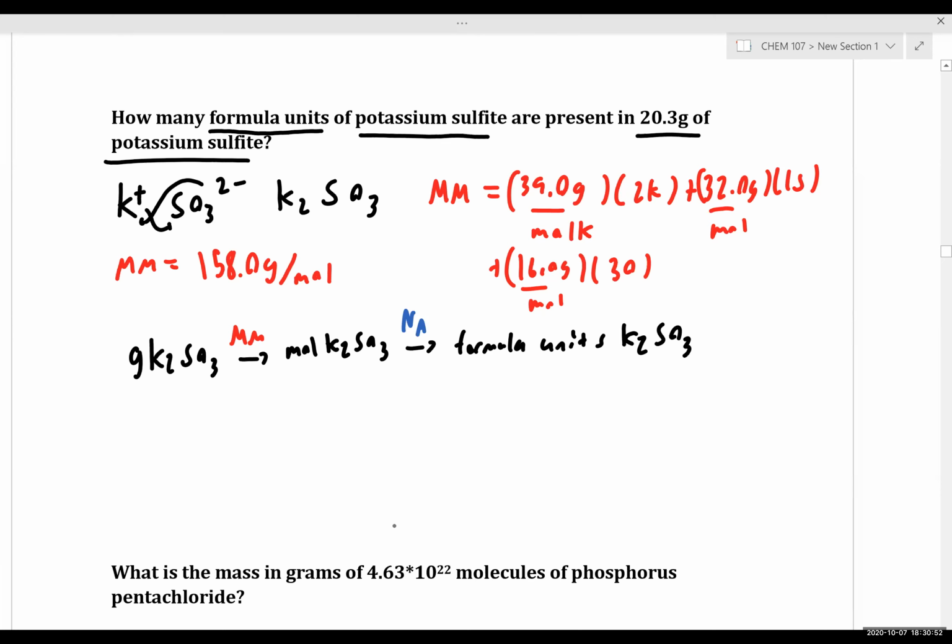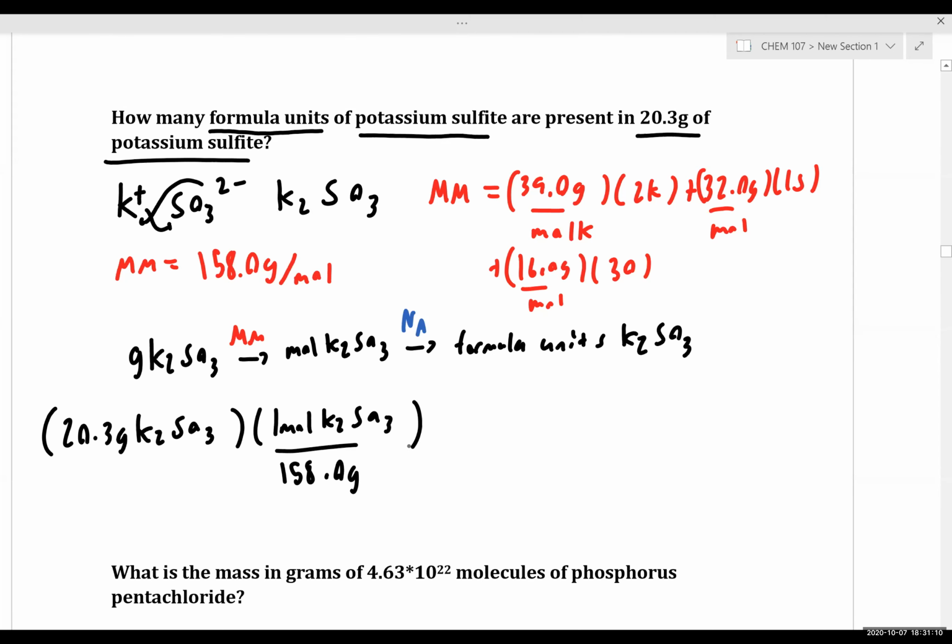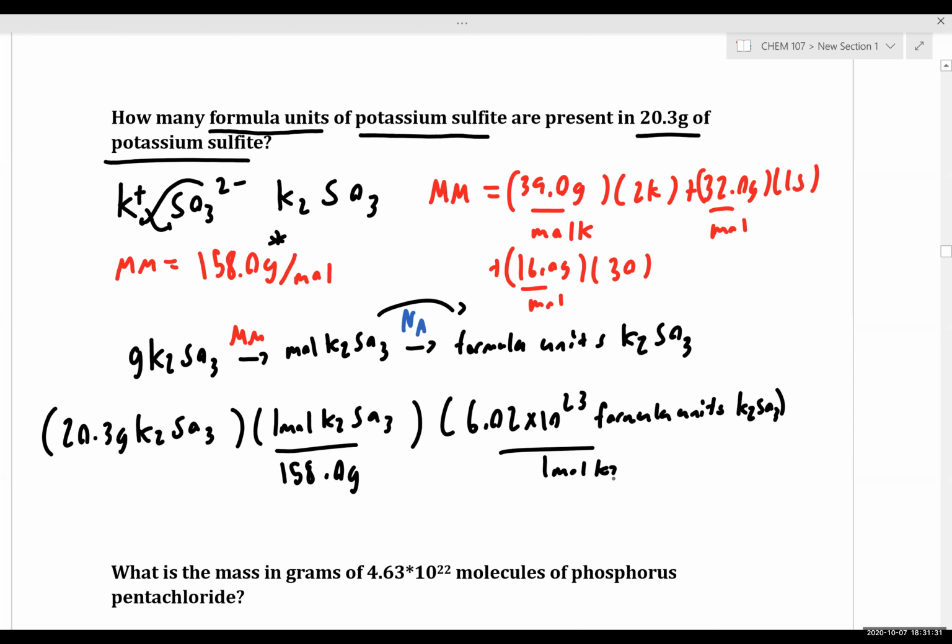So, starting off with 20.3 grams of potassium sulfite, we know that in 1 mole of potassium sulfite, we have 158.0 grams. We just calculated that. To go from moles to formula units, we know that we have 6.02 times 10 to the 23rd formula units of potassium sulfite in 1 mole of potassium sulfite.